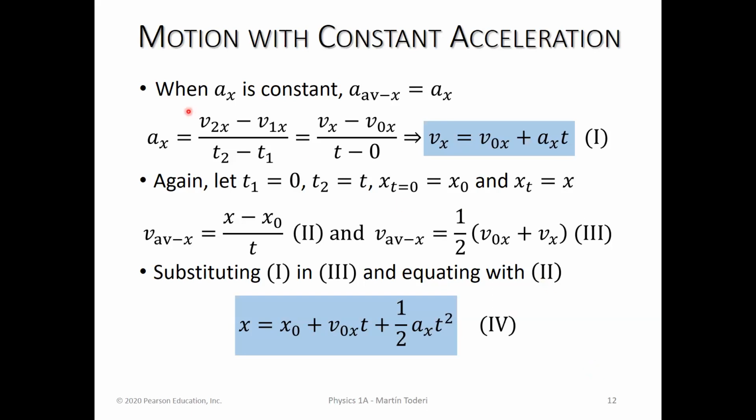When ax is constant, the average acceleration equals the actual acceleration for the whole movement, because it's not changing. So we can just say that t1 is 0, get rid of those ones there, and just call them initial values. Most of the time, the initial value that you're taking for time would be 0, unless you need to compare two particles or something in particular.